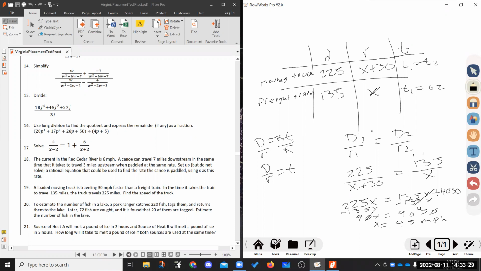So this is going to be equal to 45 miles per hour. That means that 30 miles an hour faster means that the moving truck has to be moving at 75 miles per hour, probably speeding, most places in the United States, right? So it asks us to find the speed of the moving truck, and we found that X plus 30 was equal to 75 miles per hour.